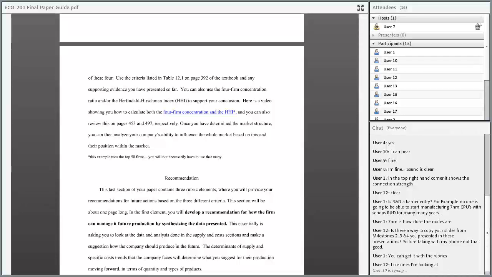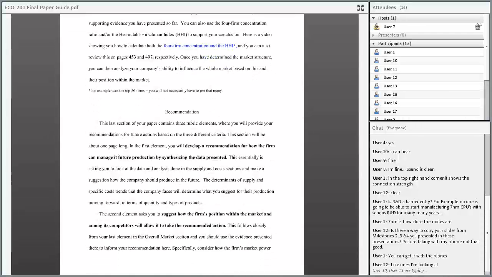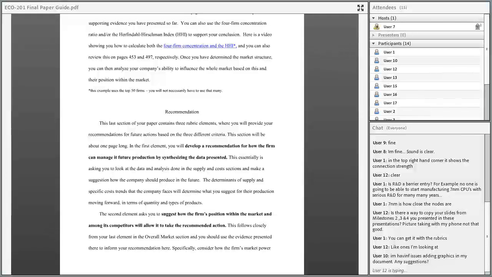Is there a way to copy your slides from milestone 2, 3, and 4 you presented in these presentations? What do you mean to copy the slides, Kenny? Which slides are you talking about? Because this is an essay. So, this file, Kenny, you can find in the final project supplemental resources in Brightspace.